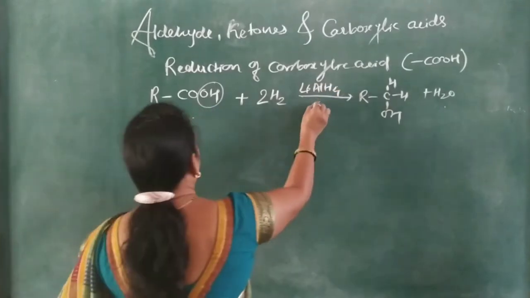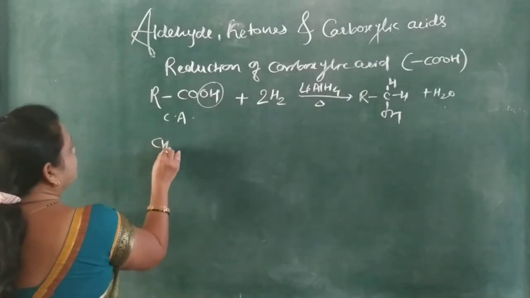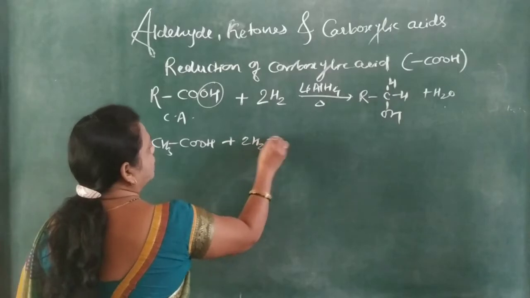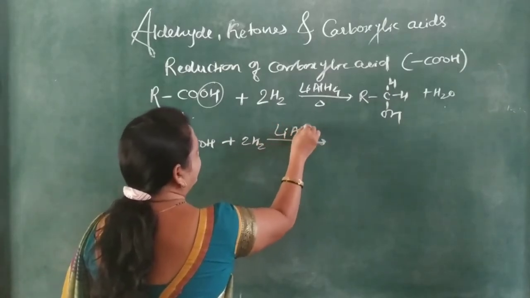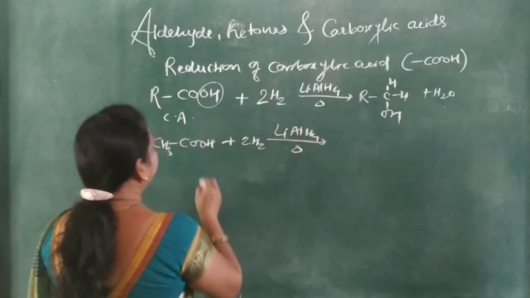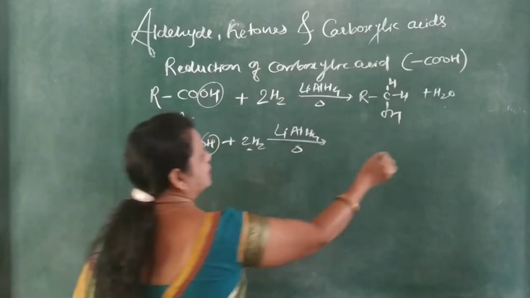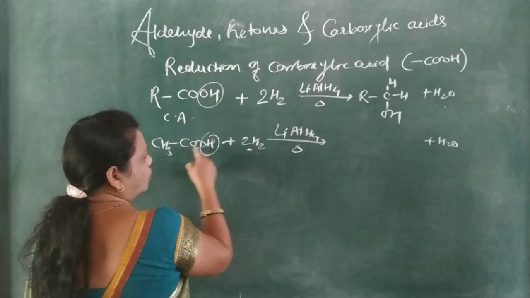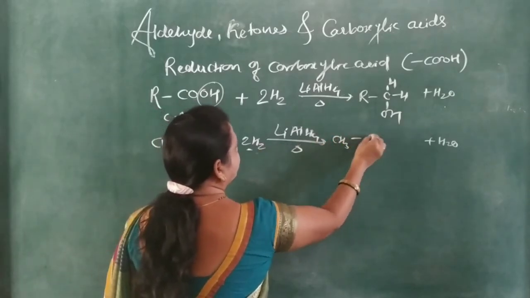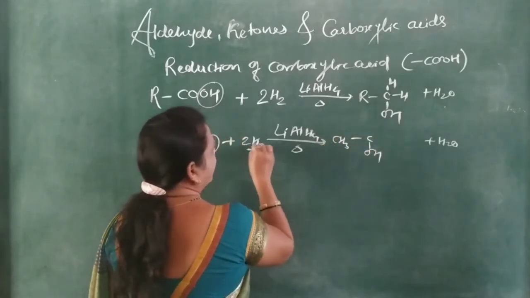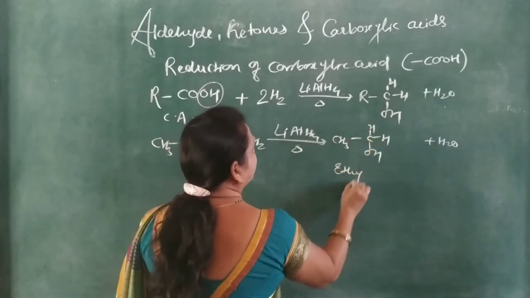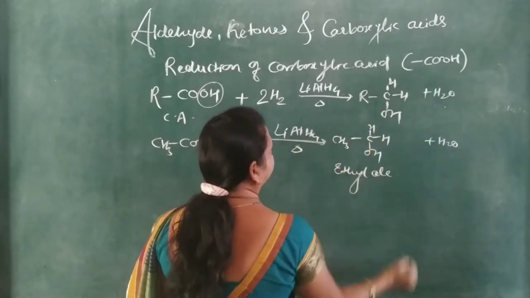For example, CH3COOH with twice H2 in the presence of LiAlH4: OH combines with the first H to give H2O, then H combines with this O to form CH3CHO, and the two hydrogen atoms combine to form ethyl alcohol.